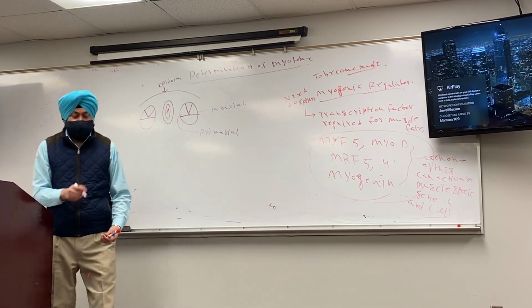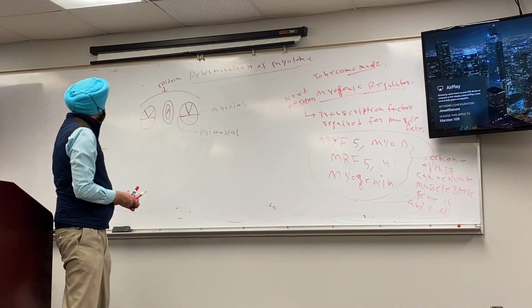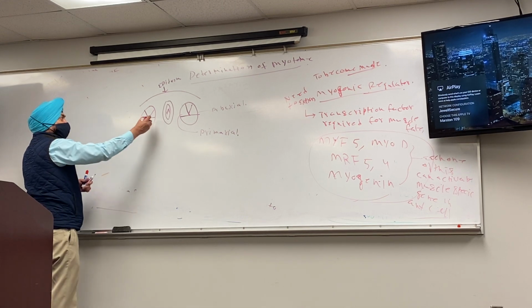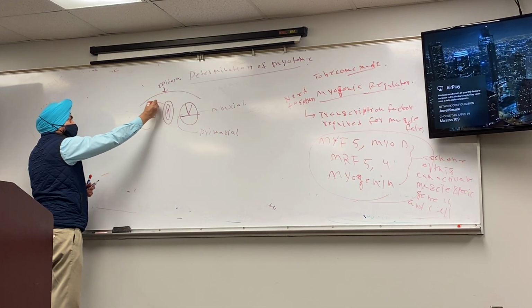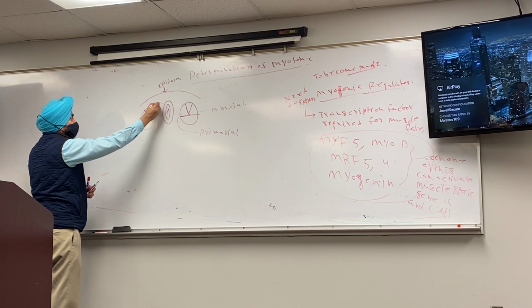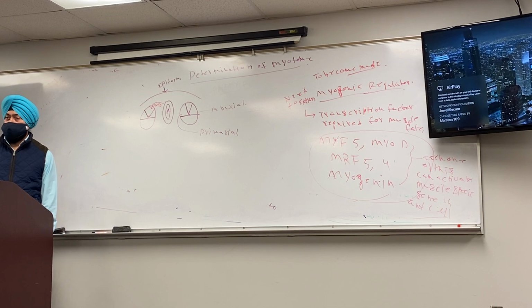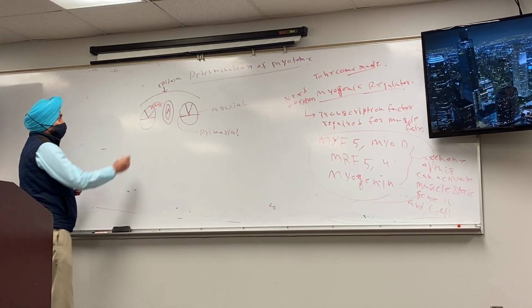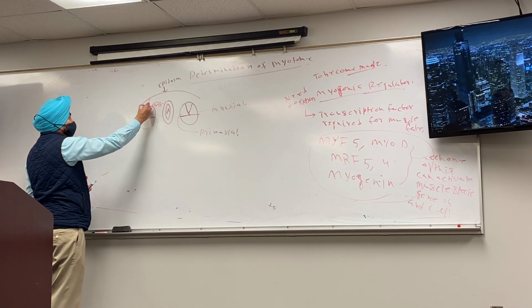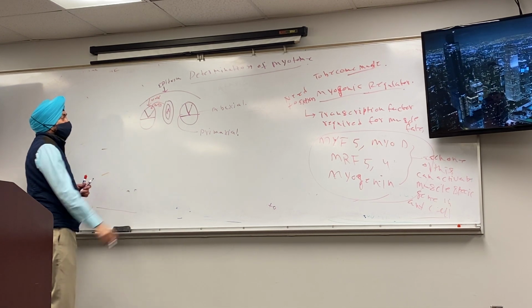So what is happening there? Right here, from here, you are getting neurotrophin 3. Okay. From here, you are getting Wnt6.